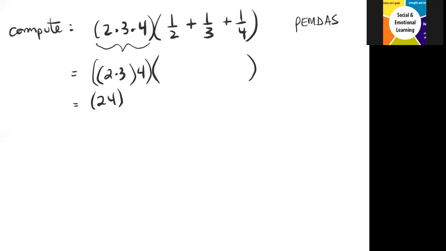We would need a common denominator to get all of these fractions added together. Do people remember that? Common denominator? We'll go back to that because we're not really talking about fractions right now.